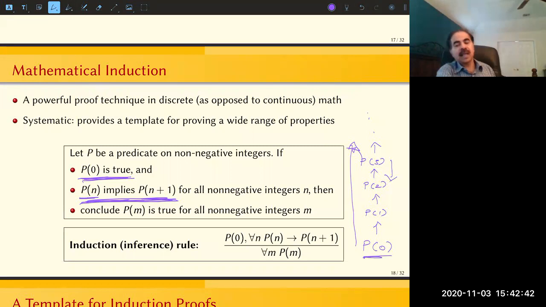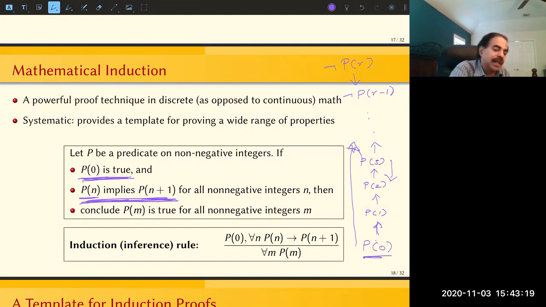So in the example that we just did, we said, okay, let's assume that P of R is not true. Then we said, okay, not P of R minus 1, right? This is what we did. So in other words, in the induction proof, we build bottom up, and in well-ordering proofs, we kind of break top down, right? We say, if this does not work, then this does not work, and this does not work, right?